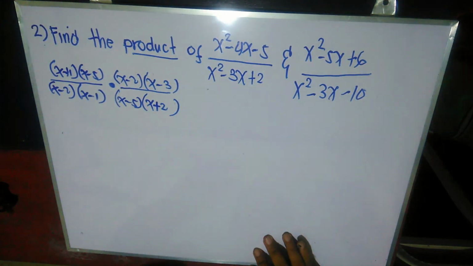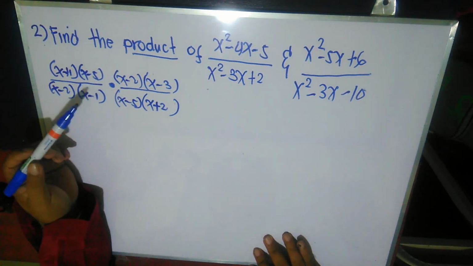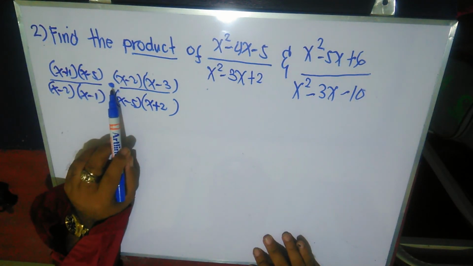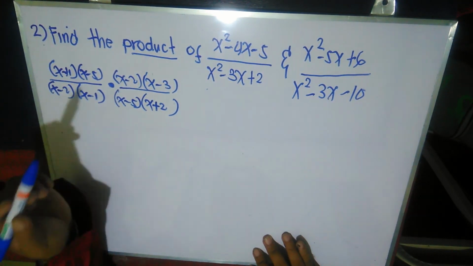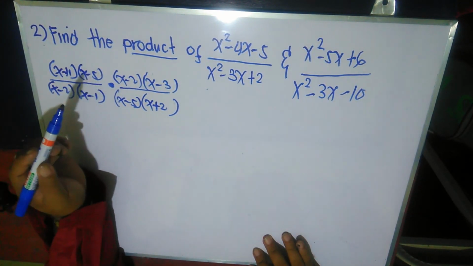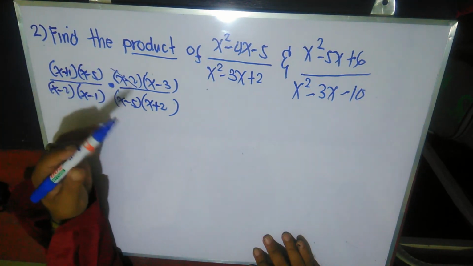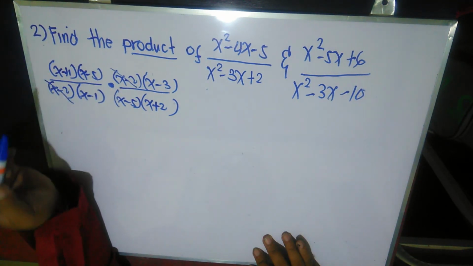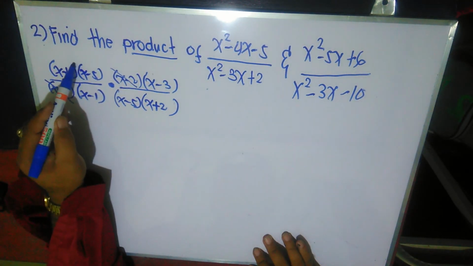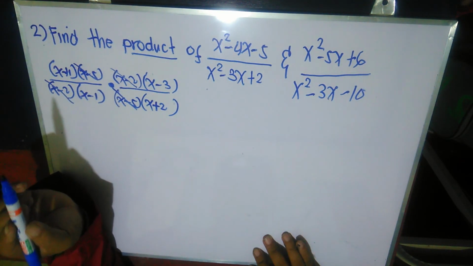So let us now identify, since the operation is multiplication, we can apply cancellation. We can cancel x minus 2 and x minus 2, then x minus 5 and x minus 5.